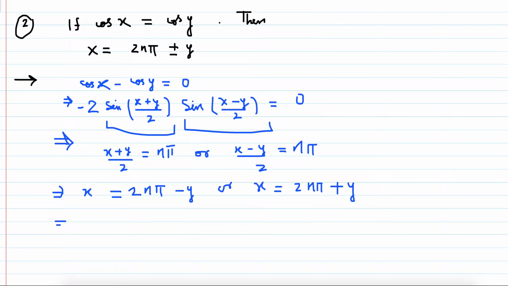So we can combine this to write x is equal to 2n pi plus minus y.